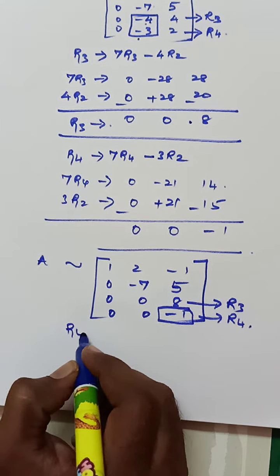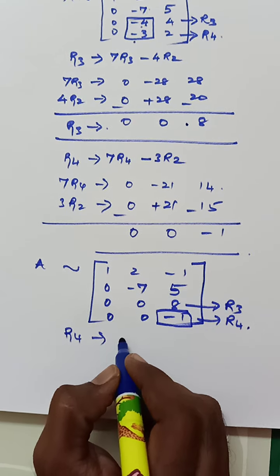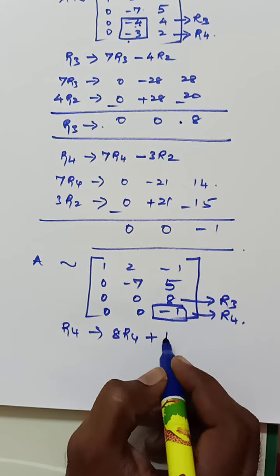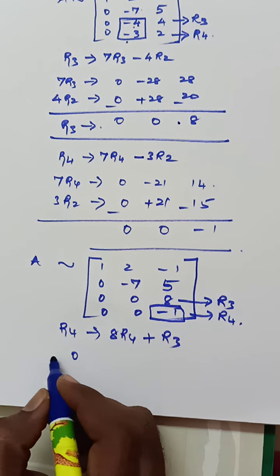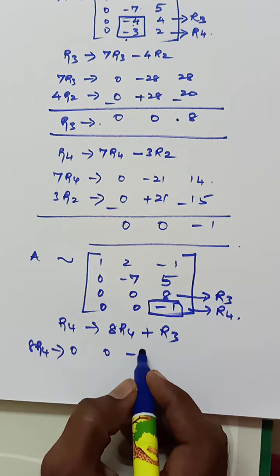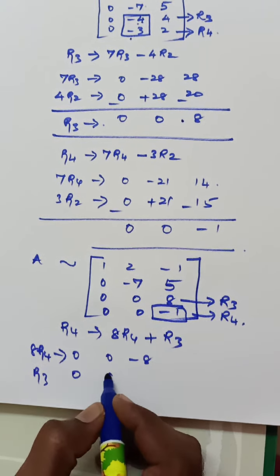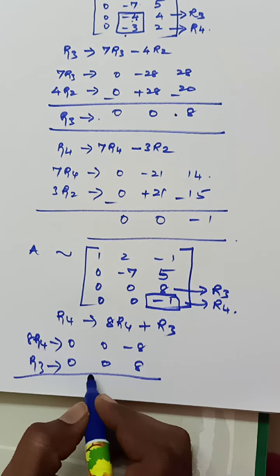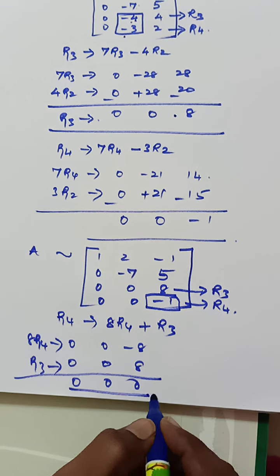Your R4 tends to: here you have 8, so we will multiply R4 by 8. 8R4 plus R3. 8 times R4 is 0, 0, minus 8, and R3 is 0, 0, 8. Addition, so it is 0, 0, 0.